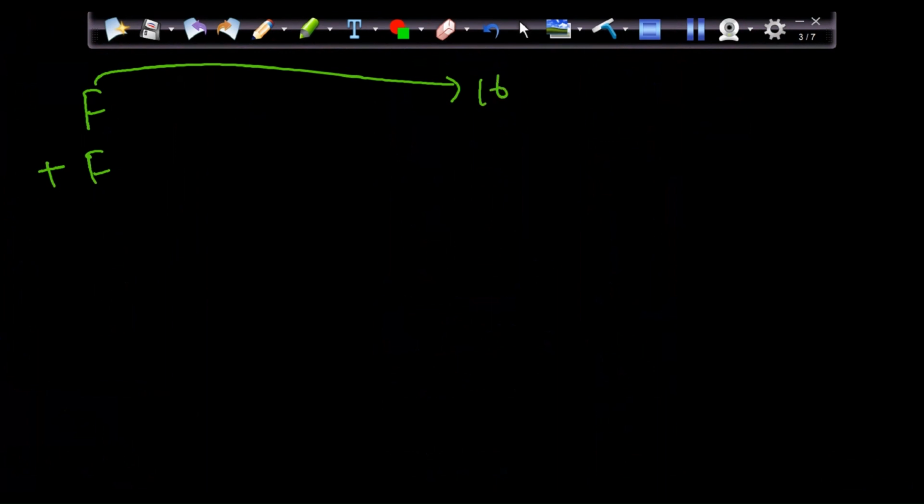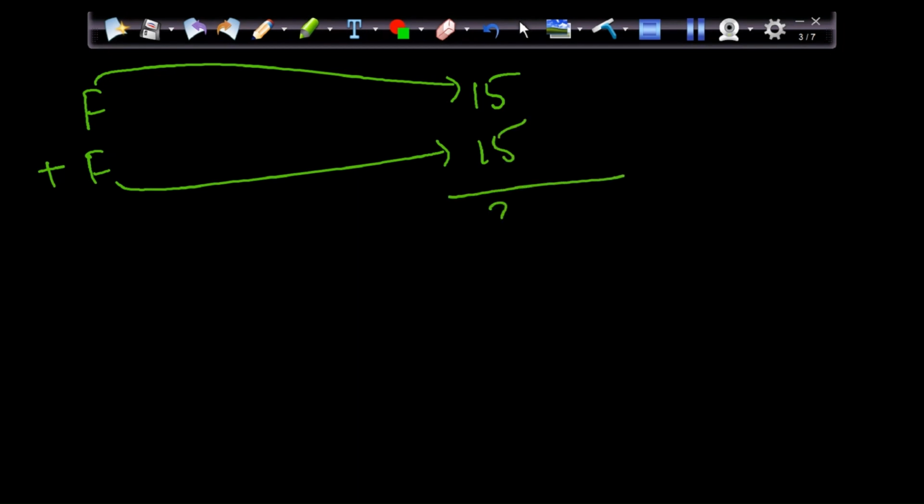You know what F is? F is 15 in decimal. What is 15 plus 15? It is 30.